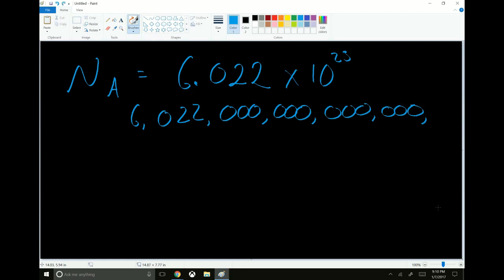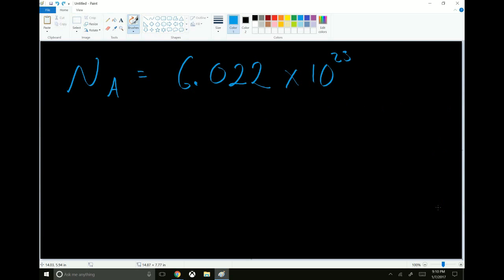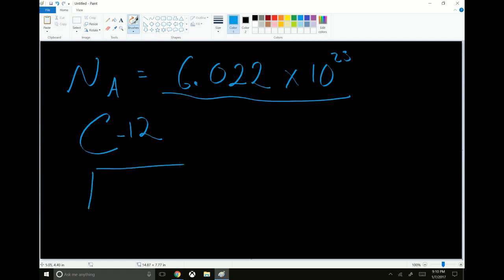And what Avogadro's number tells us is the number of, for example, let's look at carbon-12. If you have this many atoms of carbon-12, okay, so 6.022 times 10 to the 23rd atoms of carbon-12. All right, so that's what's in that box.